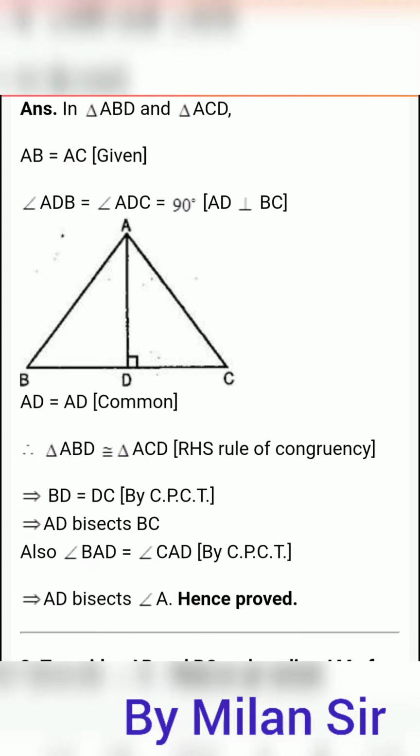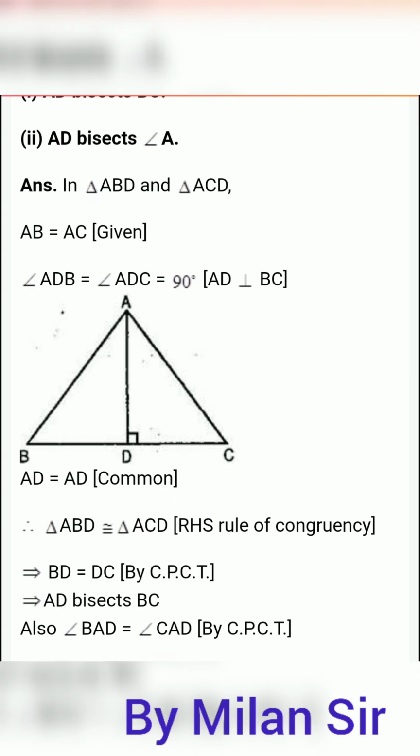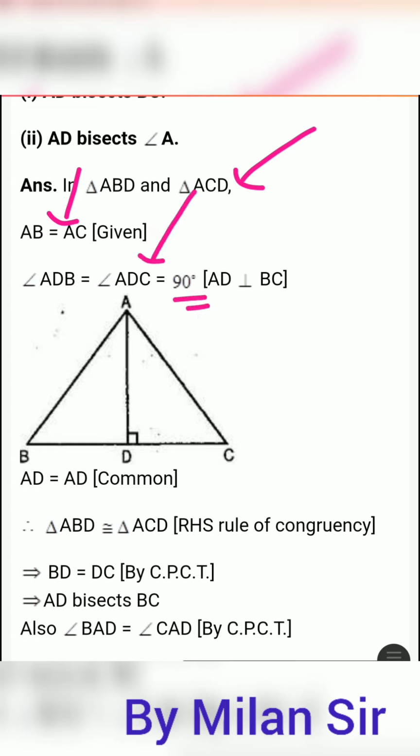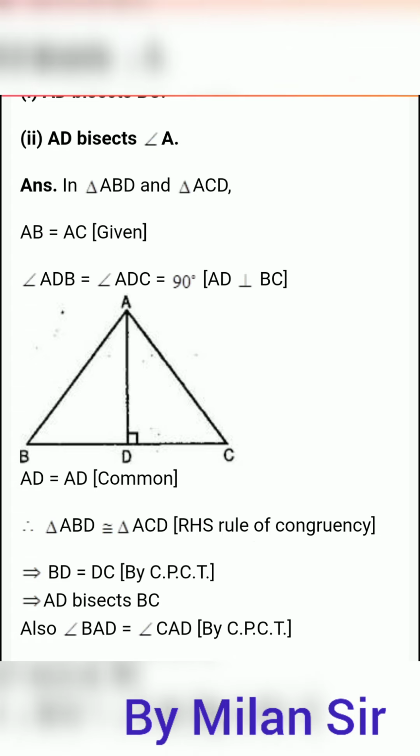Here in triangle ABD and ACD, AB is equal to AC, angle ADB is equal to ADC is equal to 90 degree, and the third side AD is the common side. So triangle ABD is congruent to triangle ACD by RHS rule of congruency.